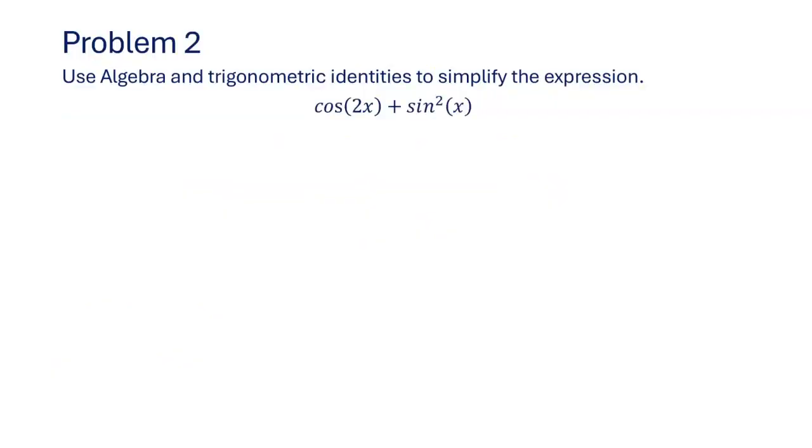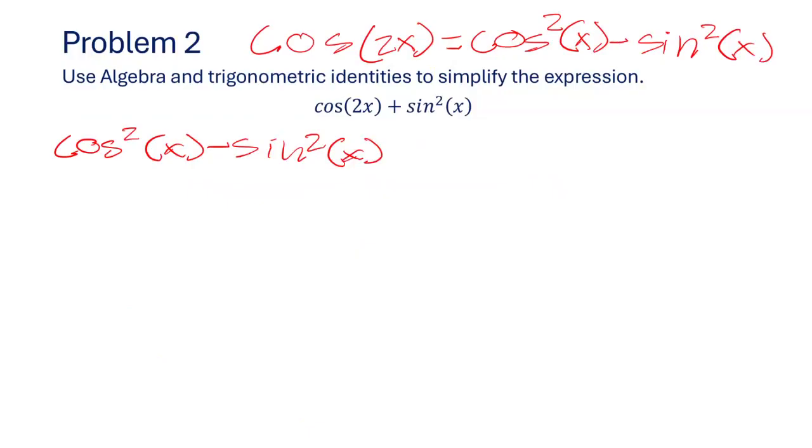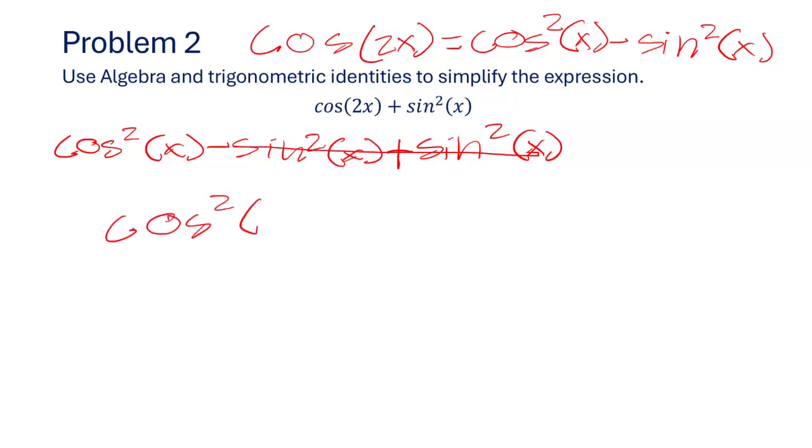I'm going to use that cosine of 2x equals cosine squared of x minus sine squared. So we can write this cosine of 2x as that, and plus sine squared of x. And we have minus sine squared plus sine squared. So that cancels, and then we just have cosine squared of x.